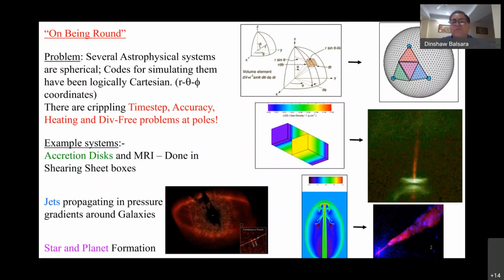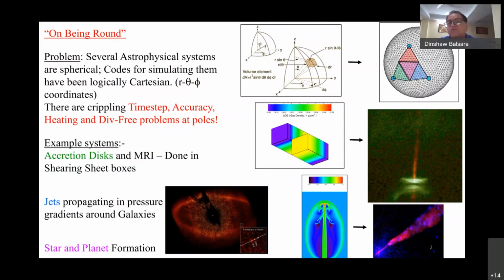The problem essentially is this, that many astrophysical systems are very strongly spherical. And so we actually want to do those simulations in a format that is favorable for spherical geometries.